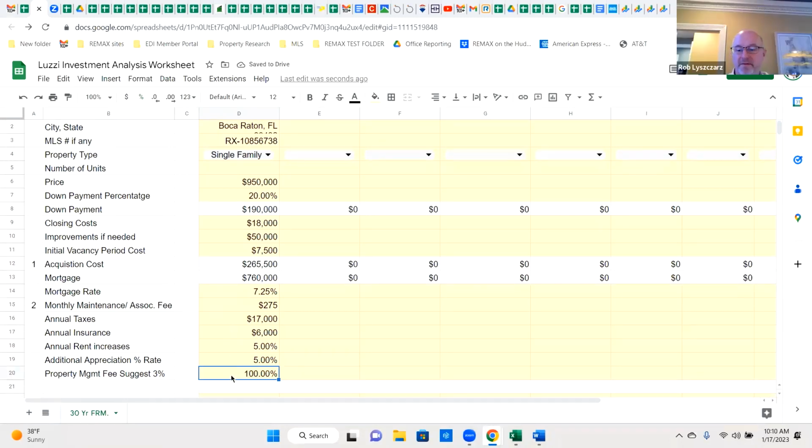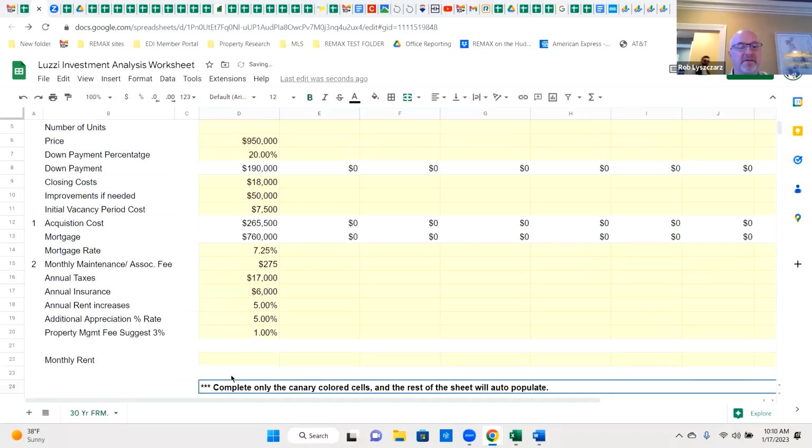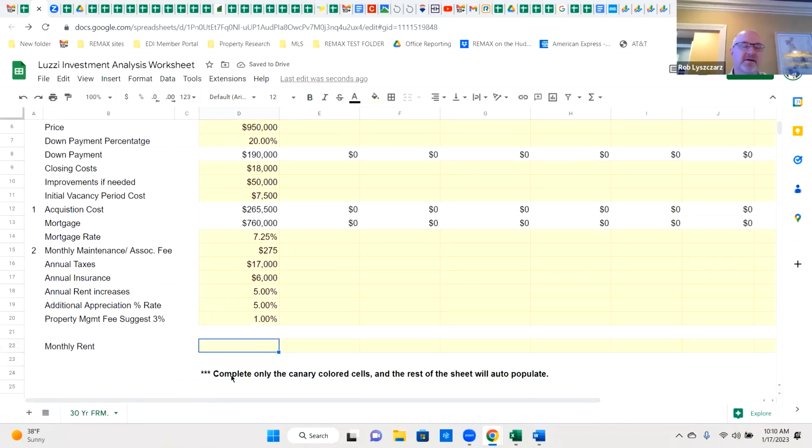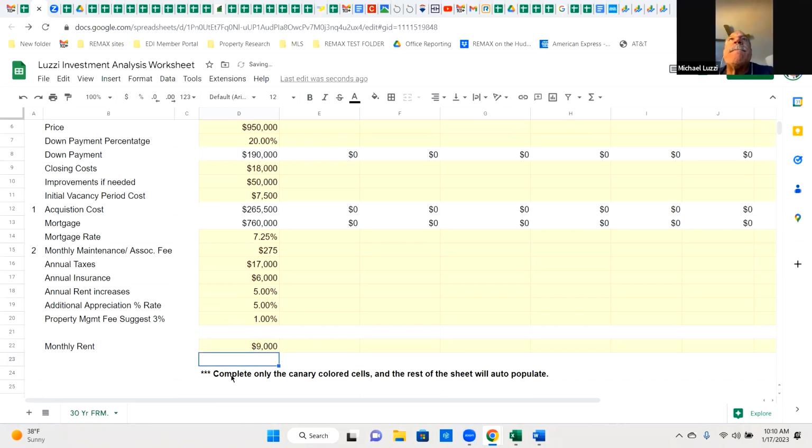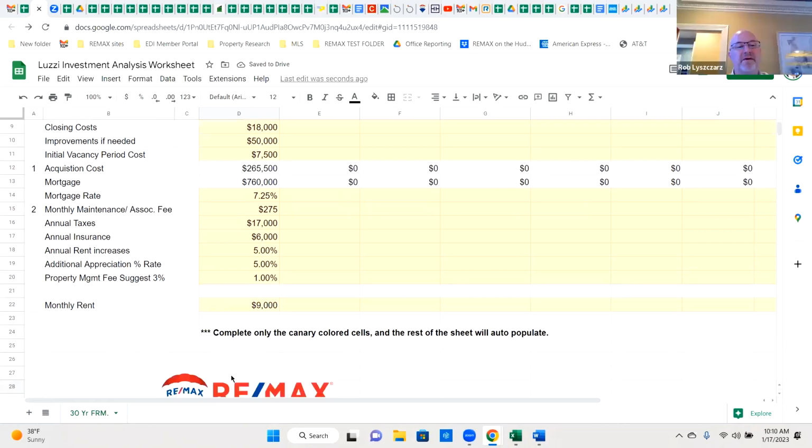Okay. So I'm going to put 1% management fee, because this is very easy. What would this rent for? I think this property would probably rent for, I would say, 8,000 to 9,000 a month easily. So that rented for $9,000 a month.